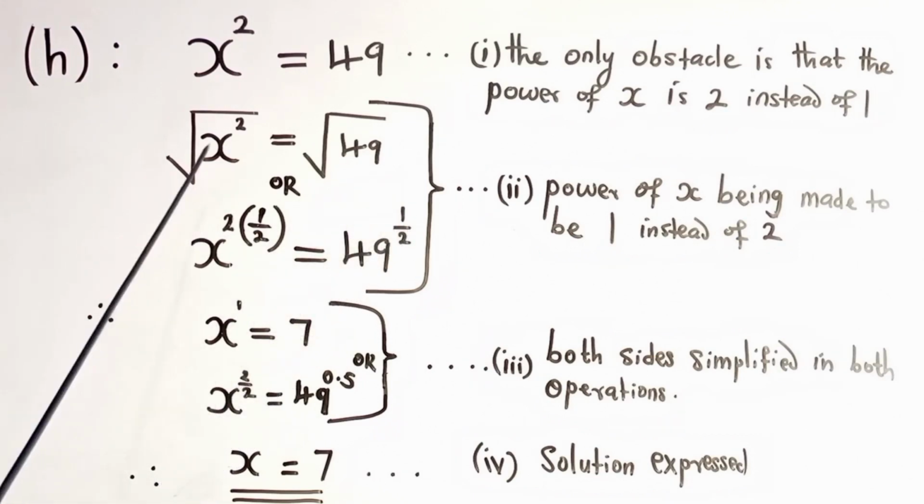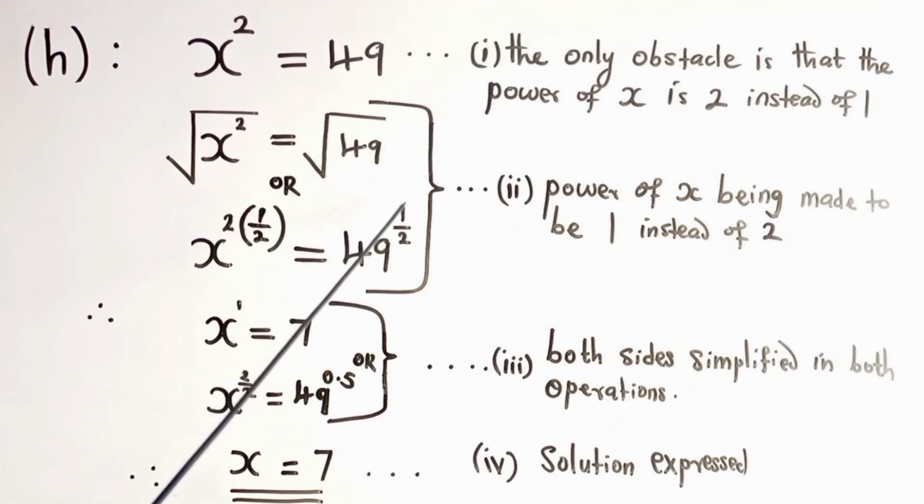Now, students, check very well. Why then did it become 49 raised to the power 0.5 here? It is because if you convert this 1 over 2 to decimal, what you're going to get is 0.5. It does not mean that this is not possible to evaluate, but with calculators, especially when it is not in the mode of fraction, it is better to use decimals in this operation than the ordinary vulgar fraction, what we have here.